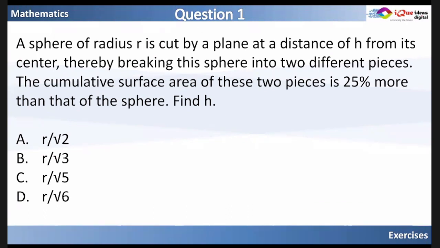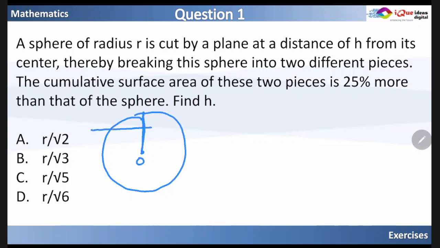So let's first understand the question. It says that there is a sphere of radius r. So assume that this is the sphere, right? So the radius is r. So this entire length is r. It is cut by a plane at a distance of h from the center. So if O is the center, let's assume that this plane is cut along this line, right? And it is cut at a distance of h from the center.